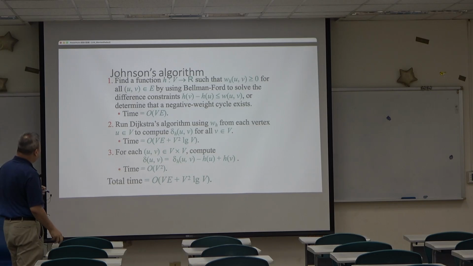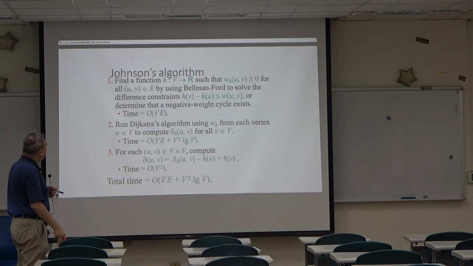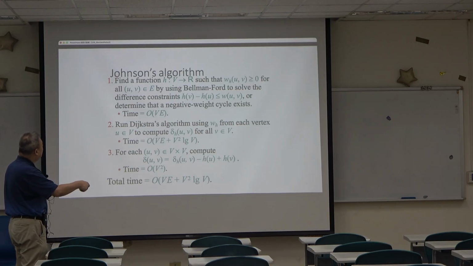So we want to find a function h from V to R such that the reweighted weight of (U,V) is greater than or equal to 0 for all edges.